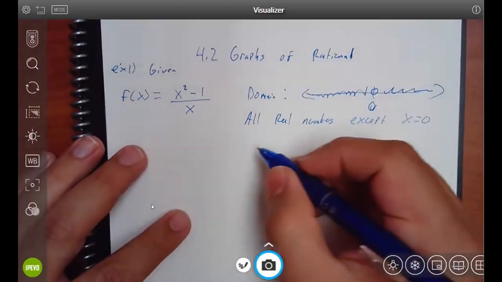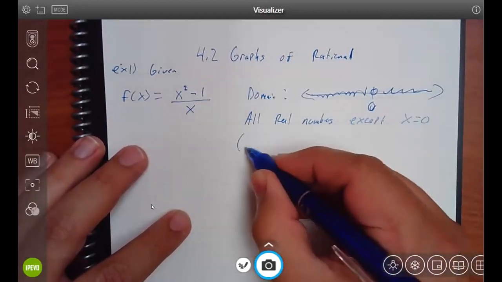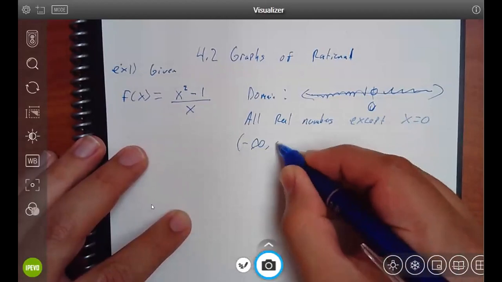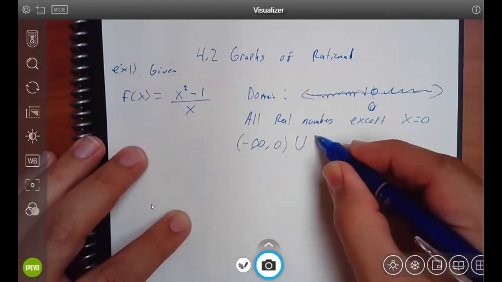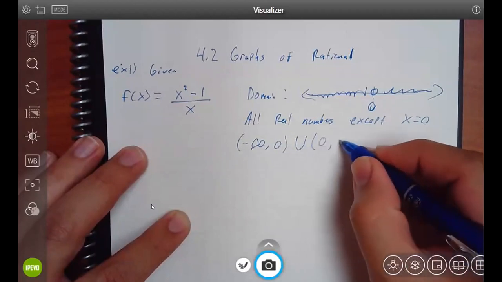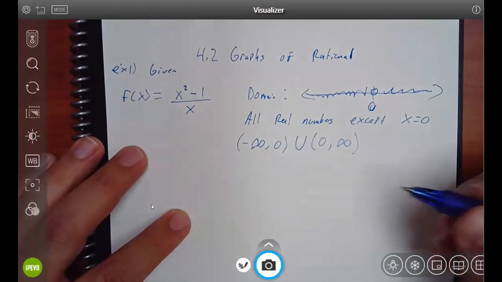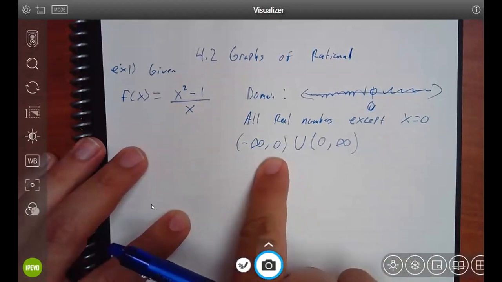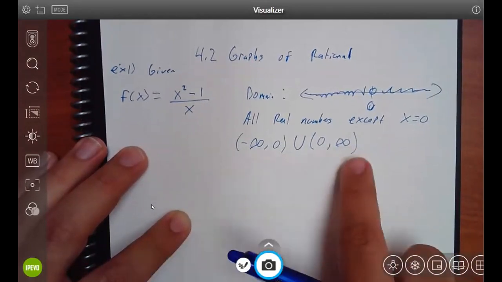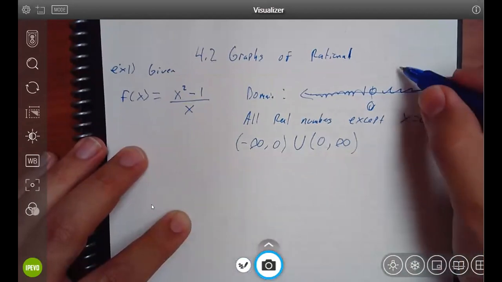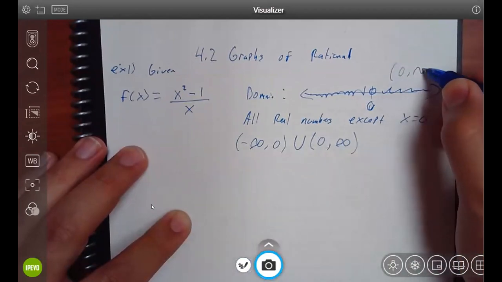In interval notation, you would say negative infinity all the way up until 0. So put parentheses on 0 and then start right after 0. Putting parentheses means I do not include it. I stop right before and I start right after, and I go on forever. So this section over here is 0 to infinity.